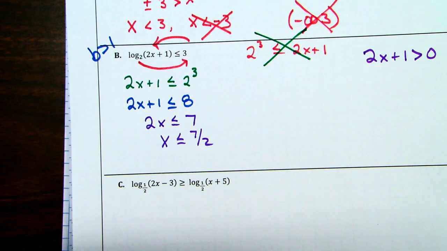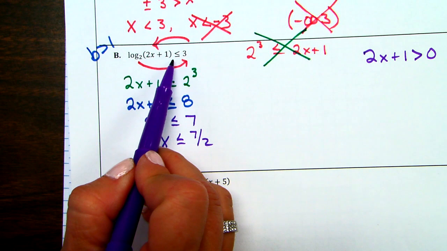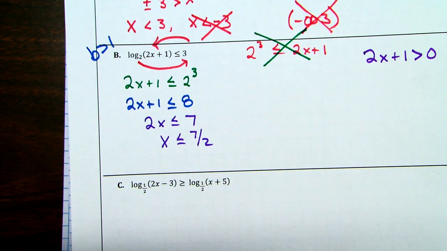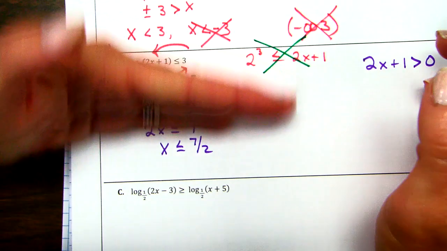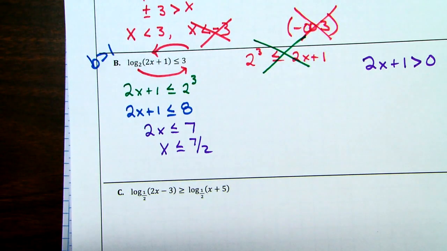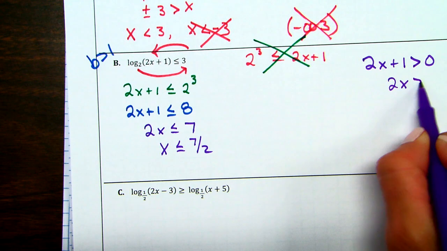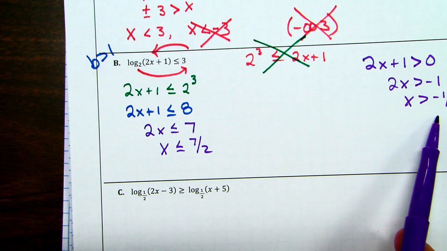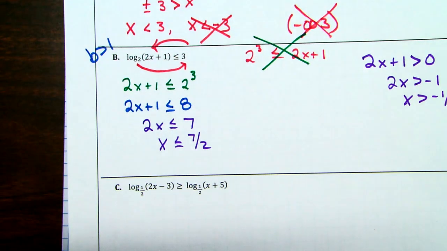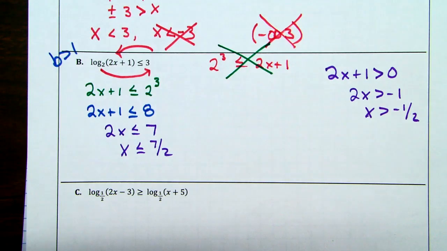So confusion first period was, yeah, but it says less than or equal to there. Separate part of this problem. We're looking for what x can't be because it's a log, not what x is because we solved it. Okay, so 2x plus 1 is greater than 0, 2x is greater than negative 1, x is greater than negative 1/2. All of our x values have to be greater than negative 1/2, because if I plug a negative 1/2 in or anything less, I will get a negative number or a 0.